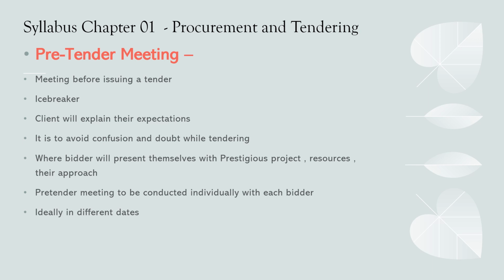Before you issue the tender, you're meeting the bidders and explaining your expectations. It will be like an icebreaker. If you have 5 bidders, you will meet them at different times. Maybe over 3 days, in the morning you will meet this one, in the afternoon you will meet that one, and ensure that these bidders do not see each other.